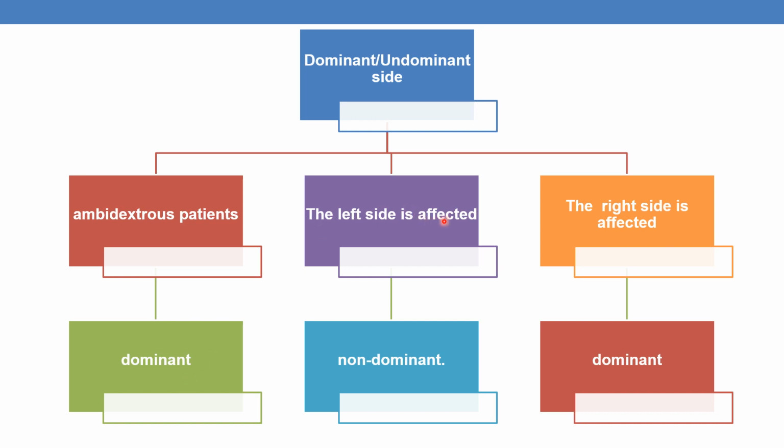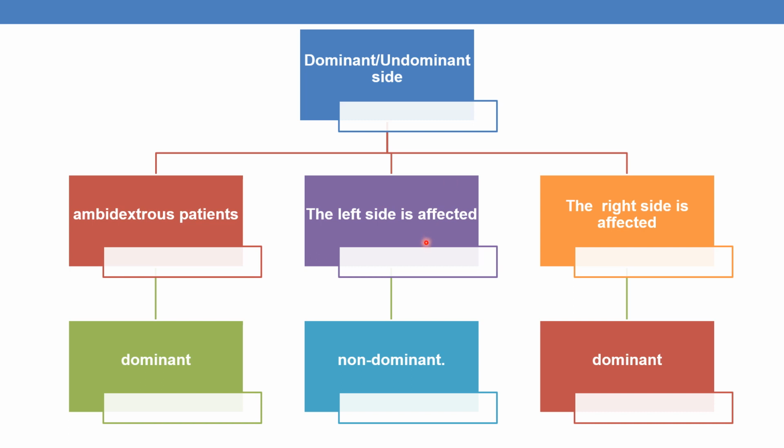If the left side is affected, and it is unclear whether the patient is right-handed or left-handed, then by default you need to code non-dominant side. Similarly, if the right side is affected and we don't know whether the patient is right-handed or left-handed, and they did not specify whether it is dominant or non-dominant, then by default you need to code dominant side.